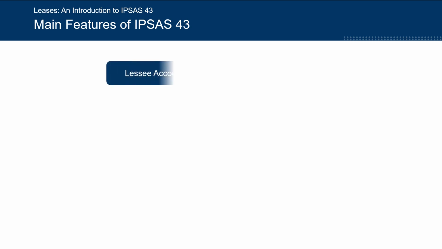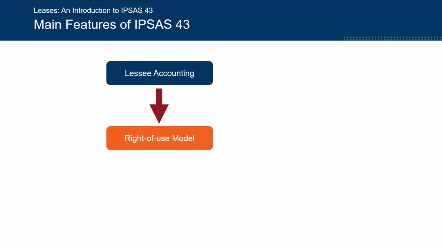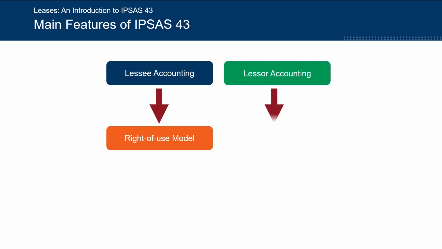Regarding lessee accounting, IPSAS 43 introduces the right-of-use model aligned with IFRS 16. Regarding lessor accounting, as explained earlier, the IPSASB decided to substantially carry forward the risks and rewards model that exists in IPSAS 13.